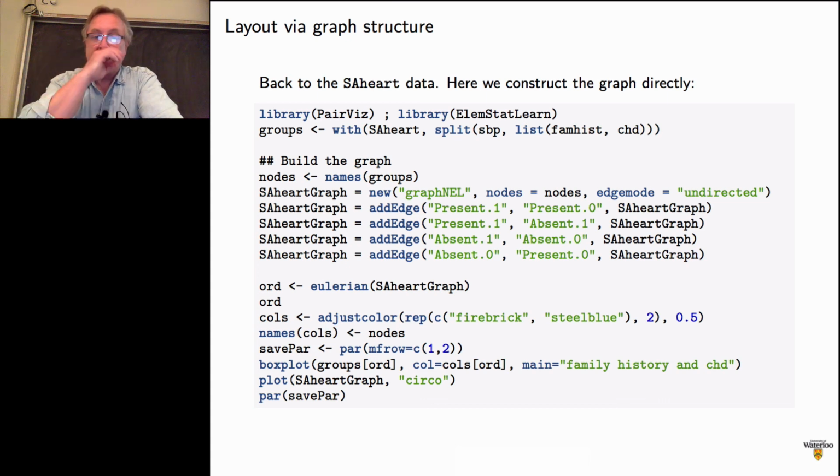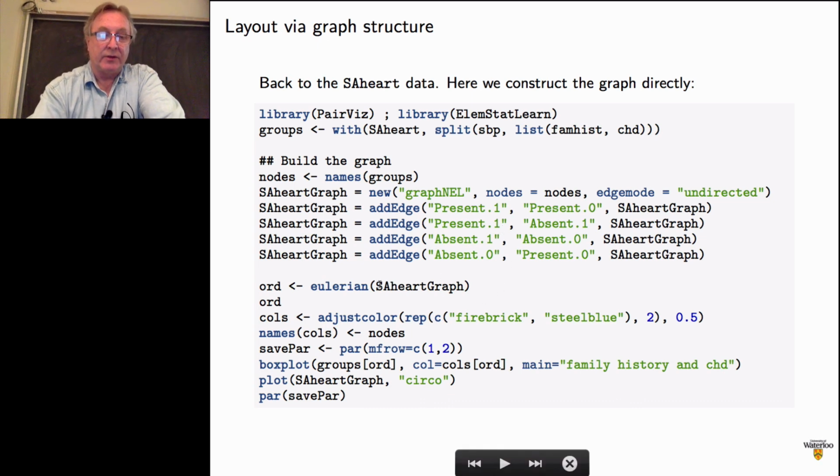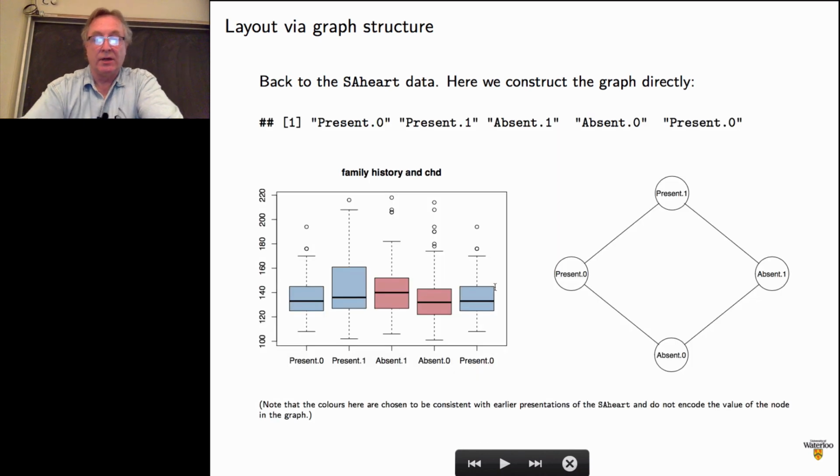When we're looking at the survival rates from the various cancers in those different organs, we're looking at some automatic way of finding the interesting ones. This one we know which ones we are interested in, so we can build that graph by hand. So we add the edges where we think they're interesting, and then get the Eulerian on that graph. So we have all pairwise comparisons, we visited all edges.